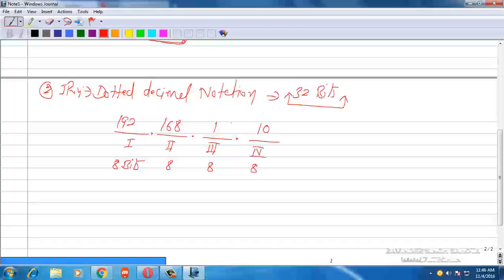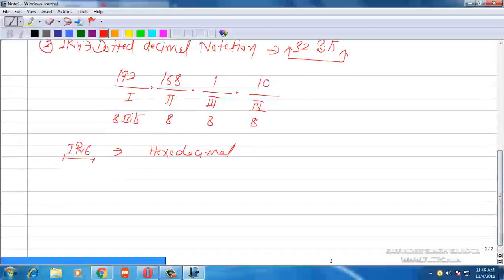And the IP address is written in decimal, like 192.168.1.10, like this. But in IP version 6, the address is larger than IP version 4, and it is written in hexadecimal, right? So a sample IP version 6 address will be like this, say 2340 colon. The separator used in IP version 6 is colon, and it's not dot.